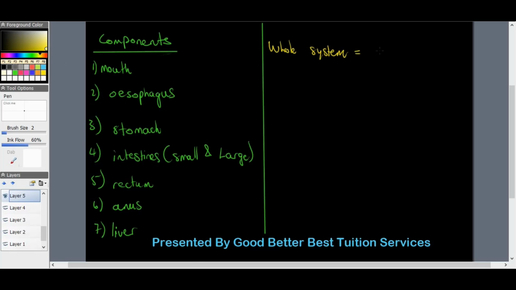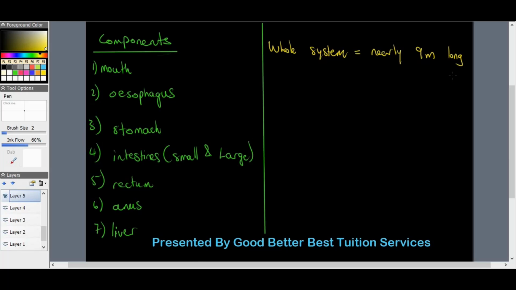Oh, I know. The whole system in a human body is nearly 9 meters long. If we were to unfold the entire digestive system of an average human being, it would be close to 9 meters long if we laid it out in a straight line.